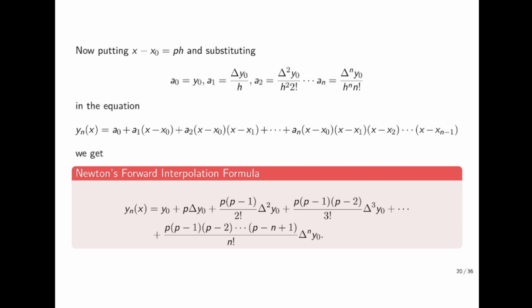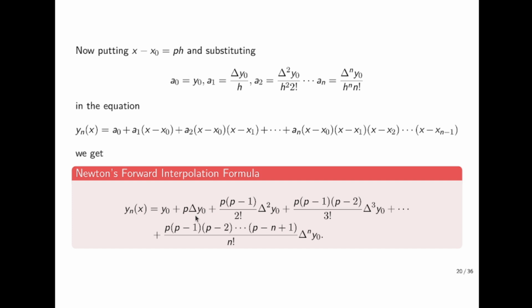So, the first term of yn of x, a0, will become y0. a1 is delta y0 by h, and x minus x0 is ph, so h will get cancelled.